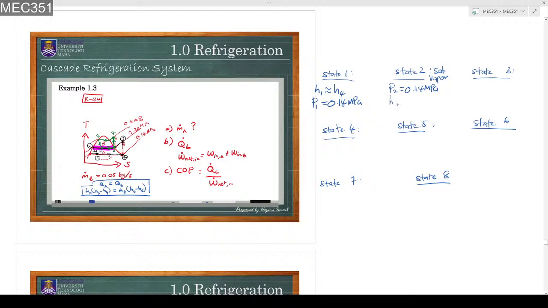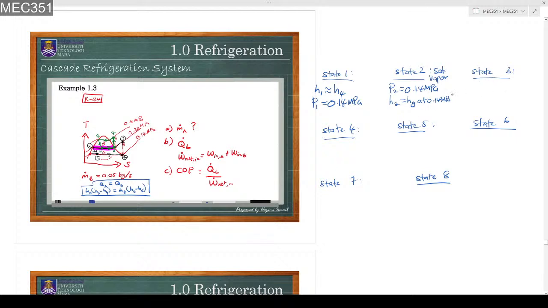So H2 is straightforward: you can get the value of H2 equal to Hg at 0.14 MPa. Find the value in the properties table.